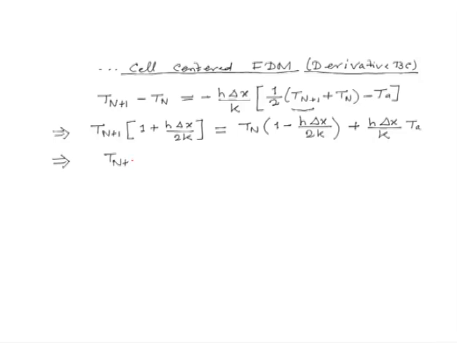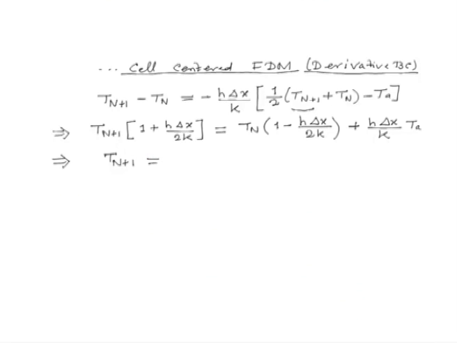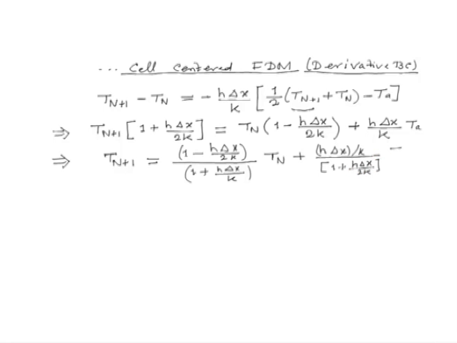So now this gives us an expression for this intermediate quantity Tn plus 1, which we have introduced: 1 minus h delta x divided by 2k, the numerator, divided by 1 plus h delta x by 2k, multiplied by Tn, plus h delta x by k divided by 1 plus h delta x divided by 2k, whole thing multiplied by Ta.